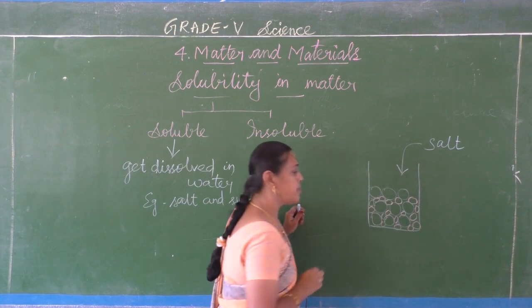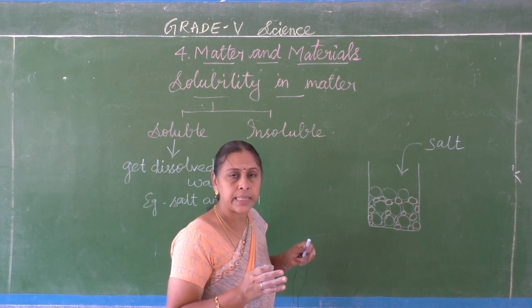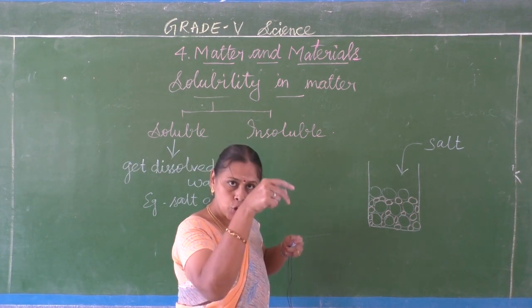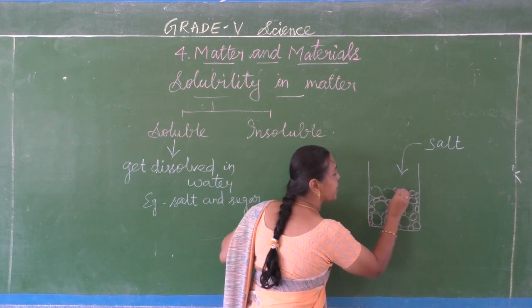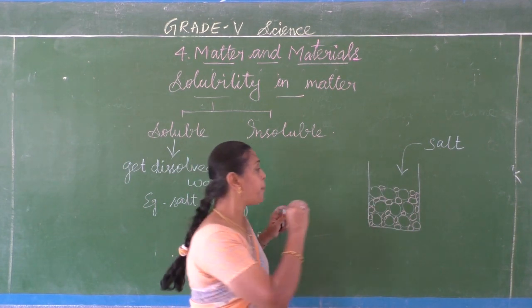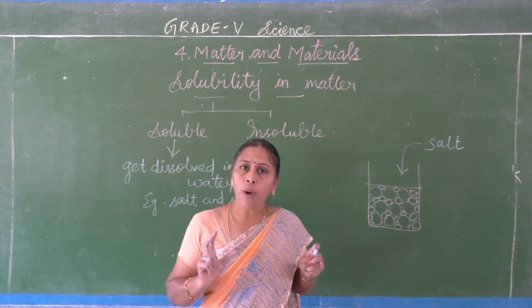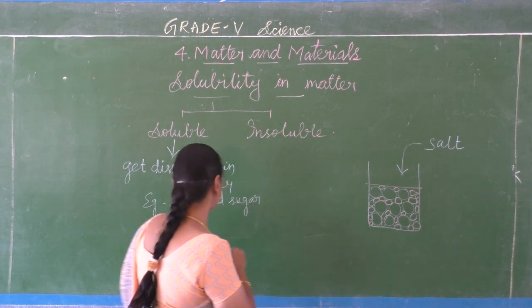It happens like this. So in between water molecules there will be a lot of space. In that space, this solid particle, that is the sugar or salt, will go and occupy that space in between the water molecules and become soluble. Now did you understand the arrangement of molecules? This is called solids in water.